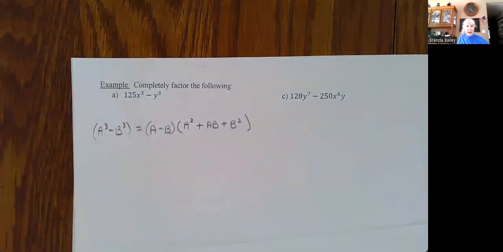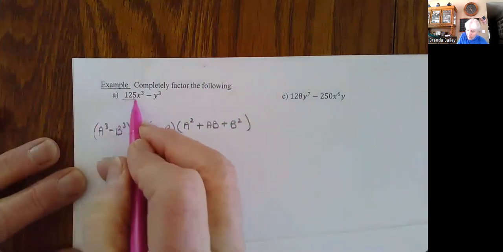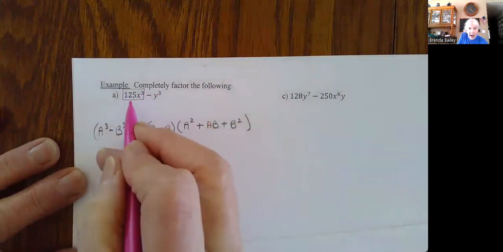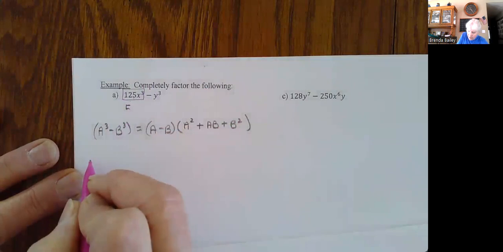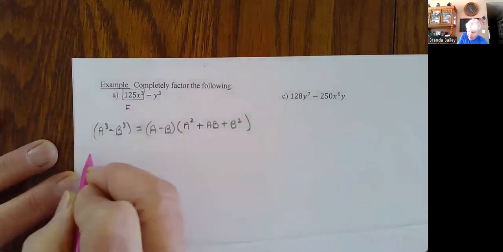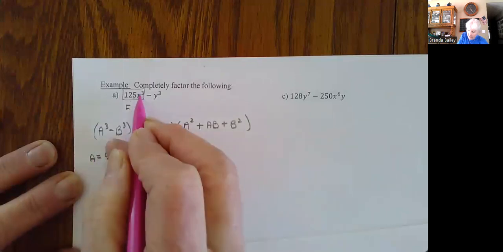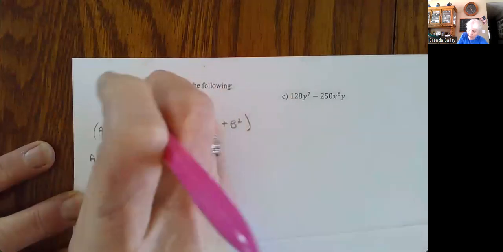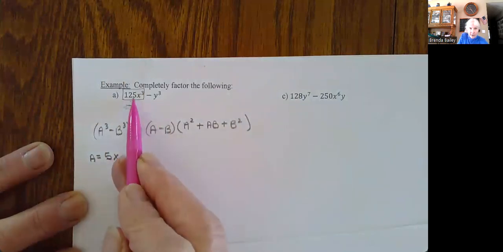Now let's determine what the a and b are. What am I cubing to get this first term? Well, I'm cubing a 5x. A equals 5x. If you were to take 5x times 5x times 5x, you're going to get this right here.